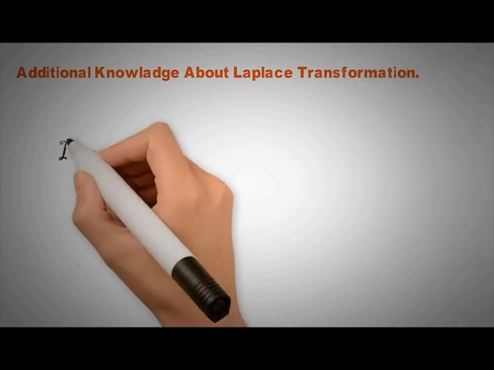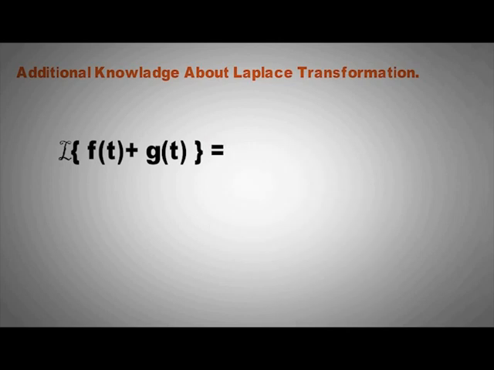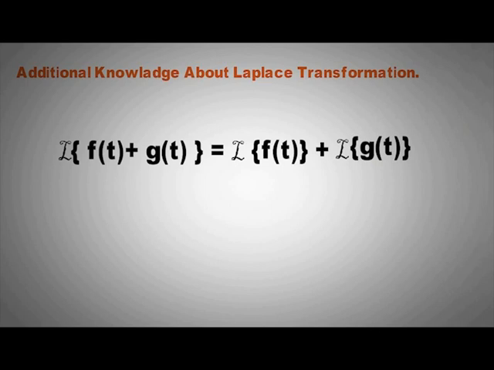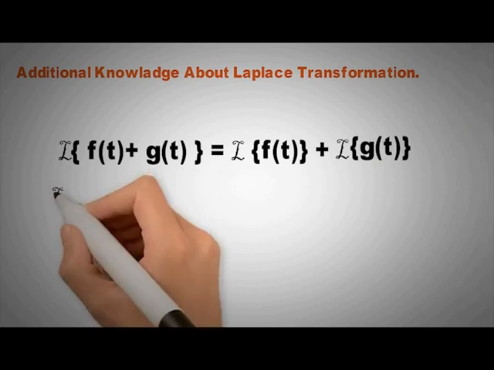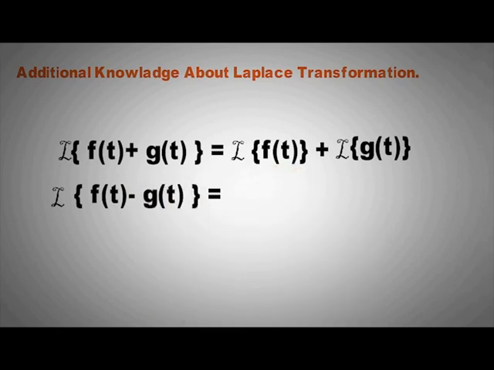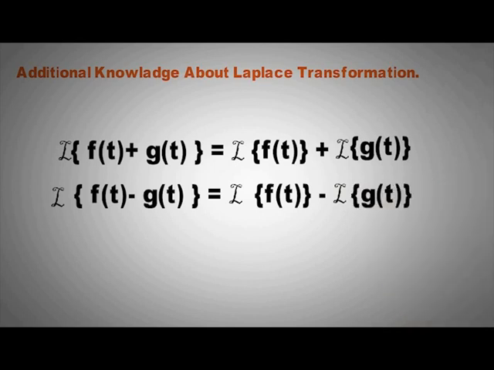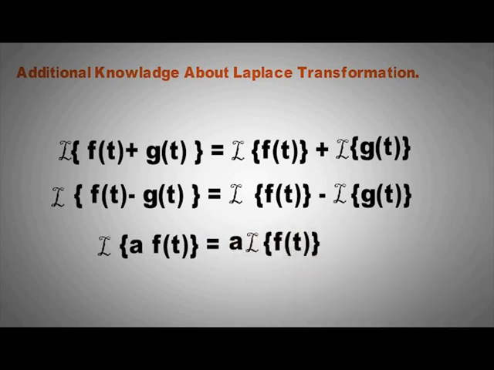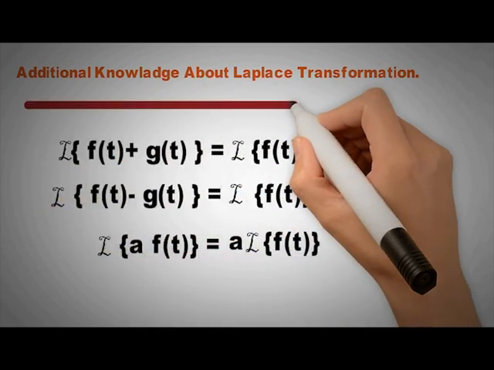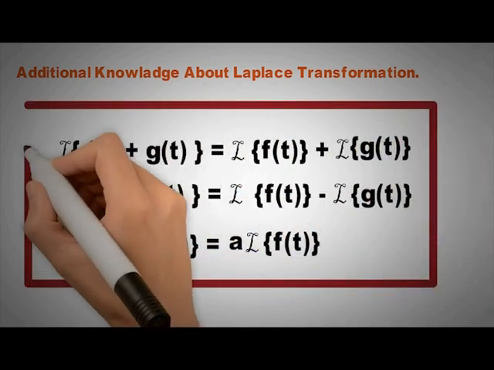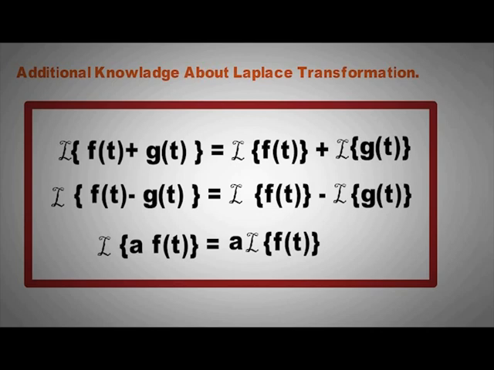So the Laplace transformation of the function f(t) plus g(t) is equal to the Laplace transformation of f(t) plus the Laplace transformation of g(t) separately, and similarly for subtraction. And the Laplace transformation of a times the function of t is equal to a times the Laplace transformation of f(t). You have an idea about these three.